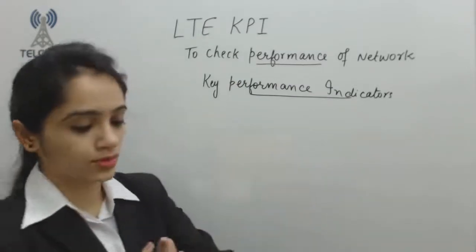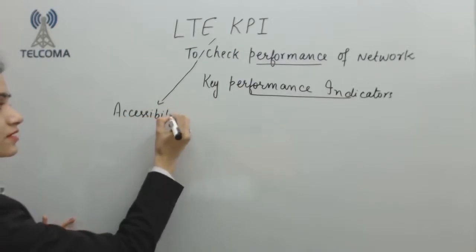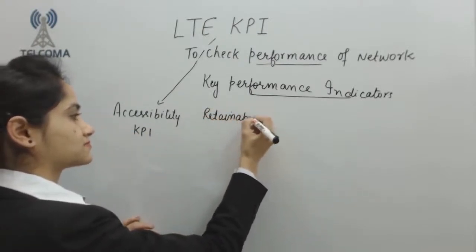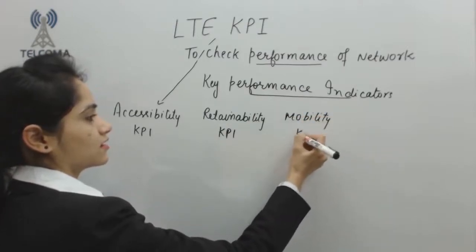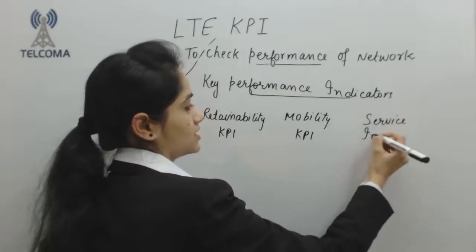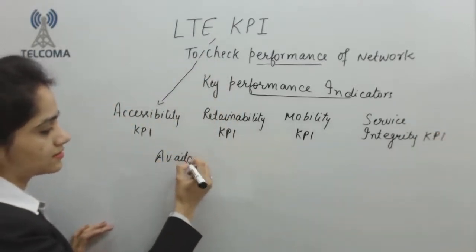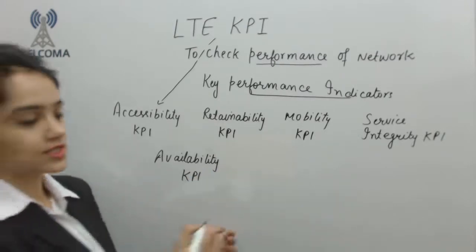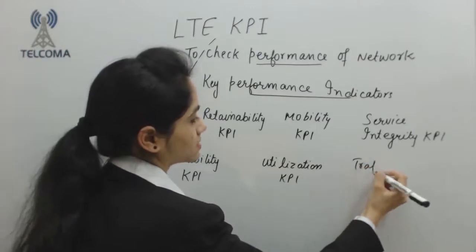So we have categories of KPIs. We have accessibility KPI, retainability KPIs, then mobility KPI, then service integrity KPI, we have availability KPI, we have utilization KPI, and then we have traffic KPIs.